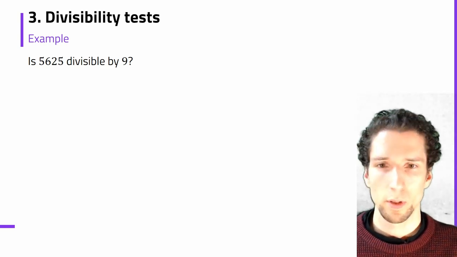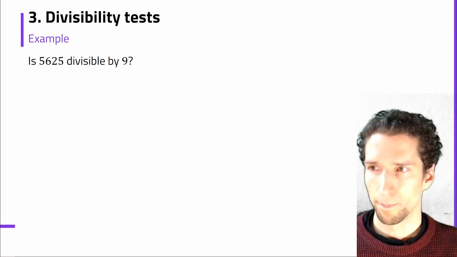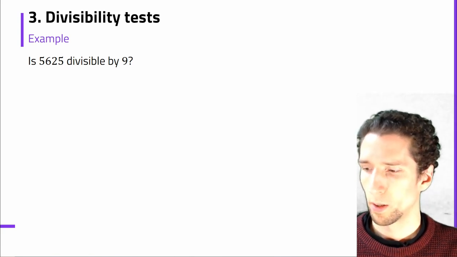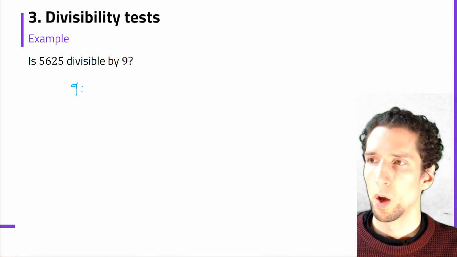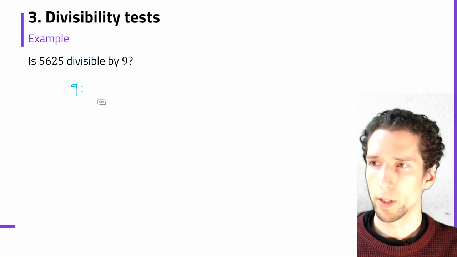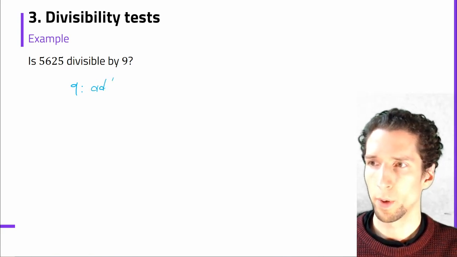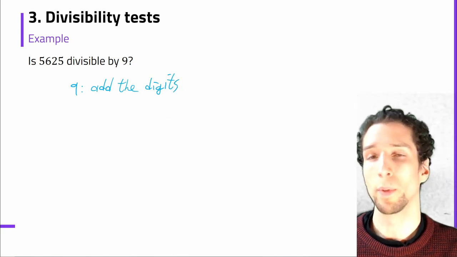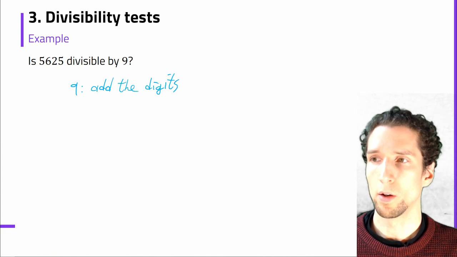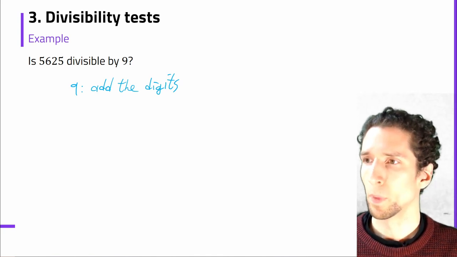So divisibility by 9. If we want to know if a number is divisible by 9, then we just add up the digits, very similar to what we did for 3. Add the digits, and if the result after adding is divisible by 9, then the whole number is divisible by 9.